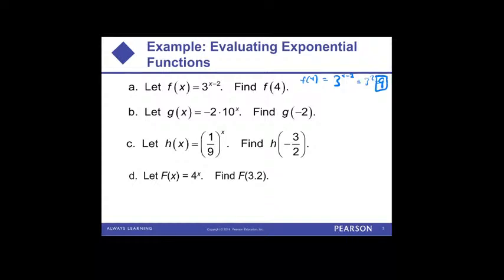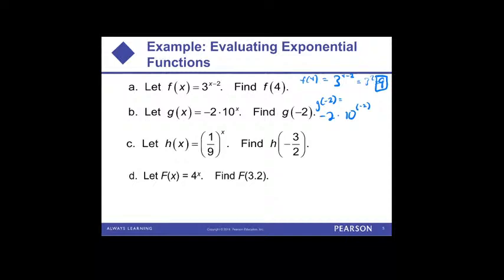Let's look at g of negative 2. It says negative 2 times 10 to the power of x, and x in this case is negative 2, right? So a negative exponent, what does a negative exponent mean? It means it flips and becomes a fraction, right?